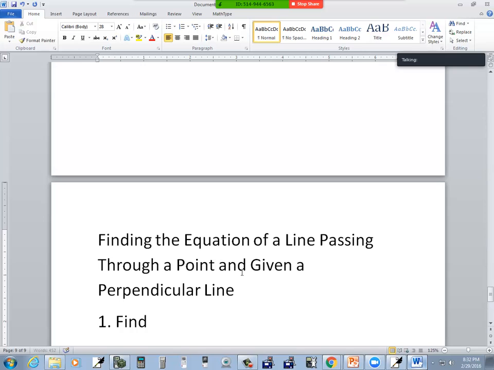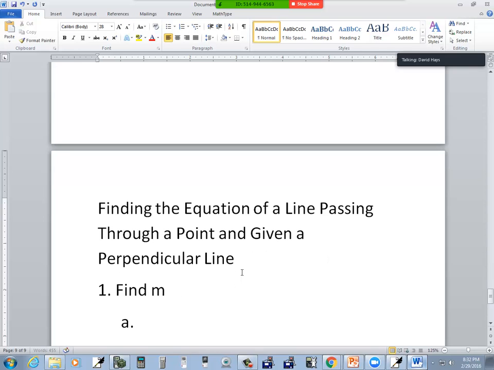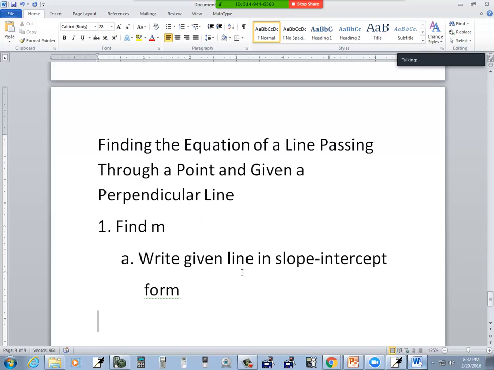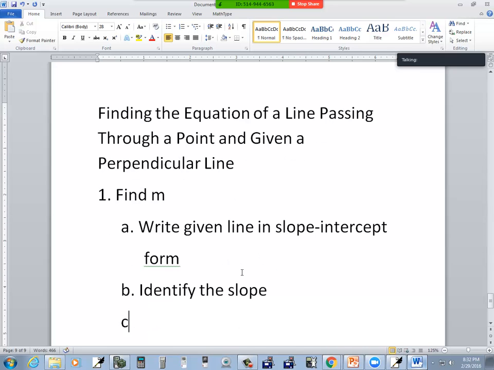Now step 1, we want to find m. Our first sub-step says to write the given line in slope-intercept form. Now our second sub-step says to identify the slope, and our third sub-step says perpendicular lines have slopes that are negative reciprocals.